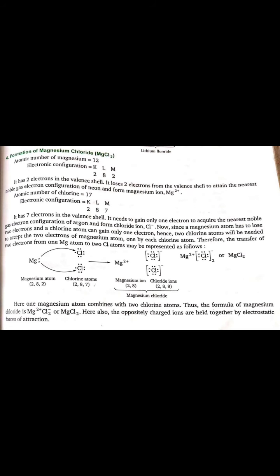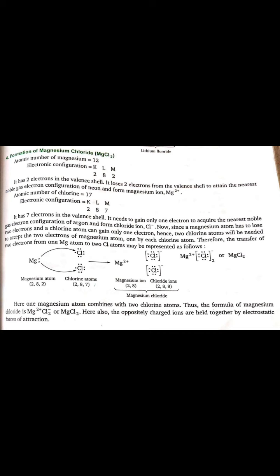Now, to understand it more clearly, we'll talk about one more example. See children, in the case of the formation of magnesium chloride, as you all know, the formula of magnesium chloride is MgCl2. Here, please try to understand.